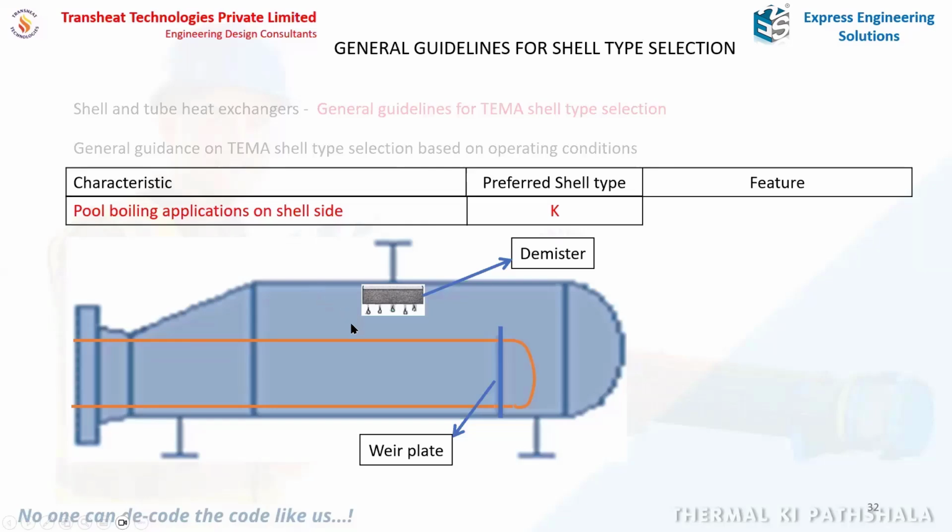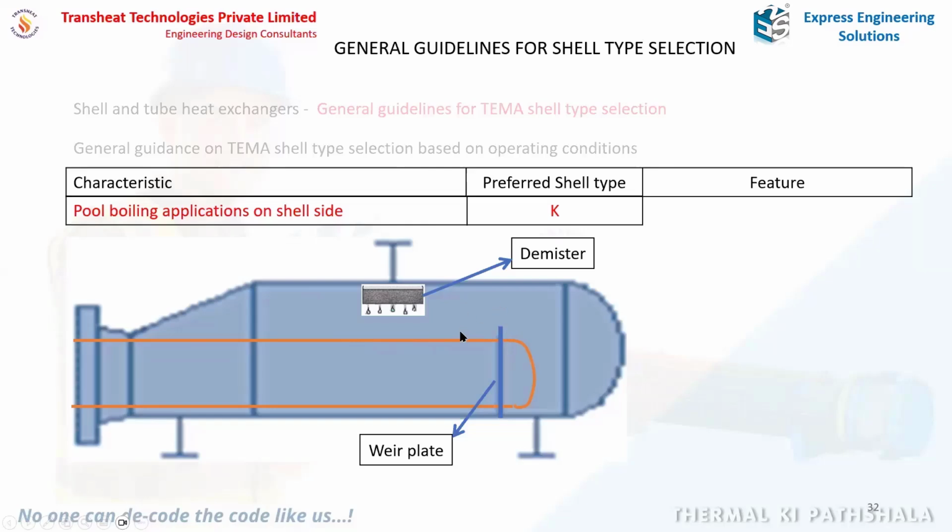The major requirement in a kettle-type reboiler is that the tube bundle should always be submerged in a pool of liquid. So this wear plate serves to ensure that purpose. The wear plate always ensures that your liquid level is above the top of the tube bundle.